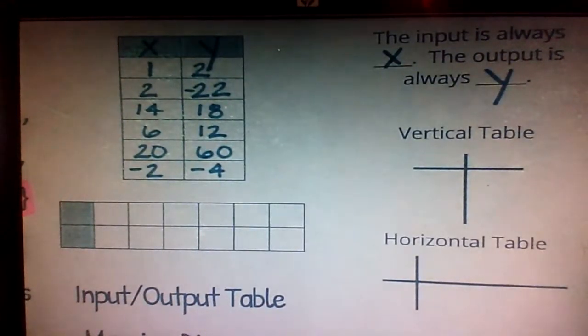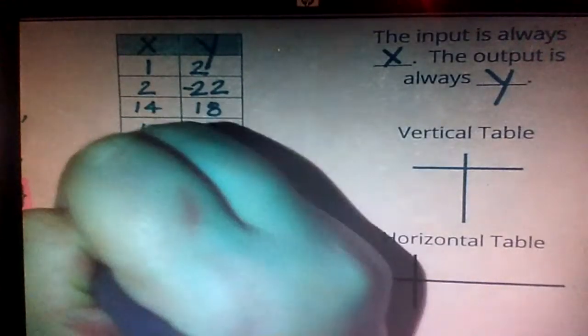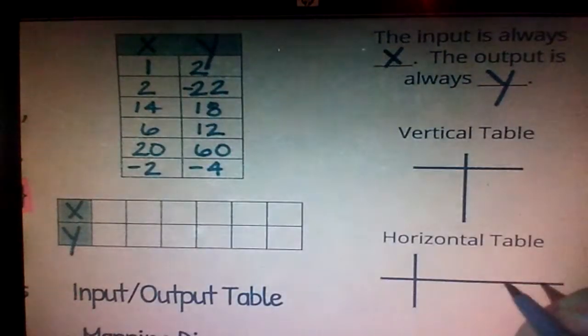So vertically, your X's will come first on the left, Y's will come second on the right. If I change it and write it horizontally, how do you think that's going to look? X is on the top, and your Y's on the bottom.